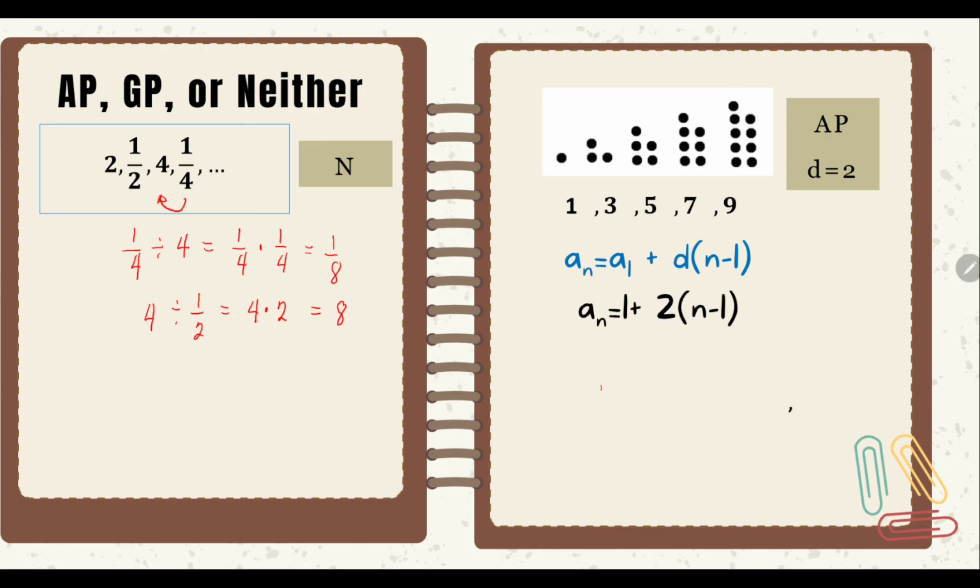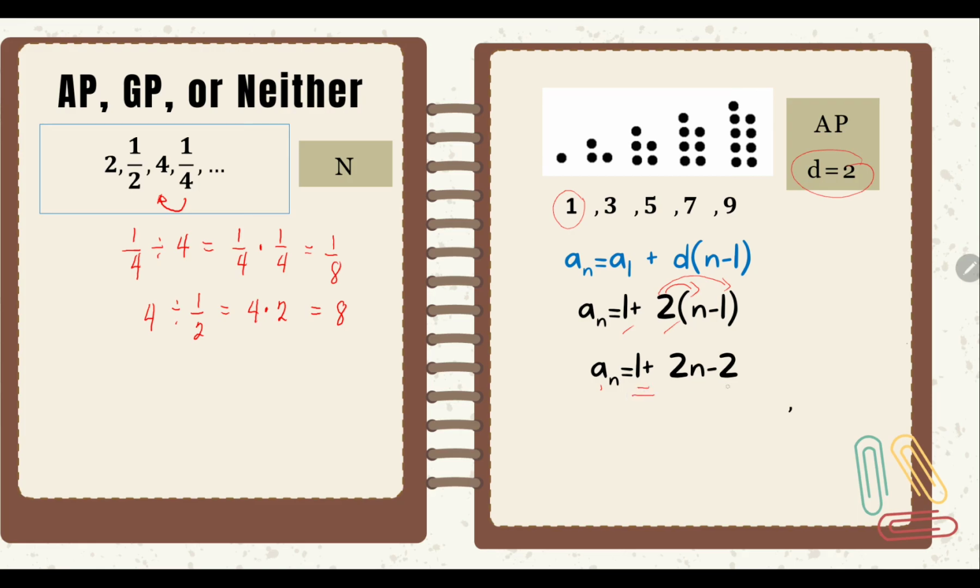So our a sub 1 is 1. Thus, we have here written 1. The common difference is 2 there. And we have multiplied by n minus 1. Again, we multiply 2 times n and 2 times negative 1. Thus, what will be our answer here? We have a sub n is equal to 1 plus 2 times n is 2n and 2 times negative 1 is negative 2.